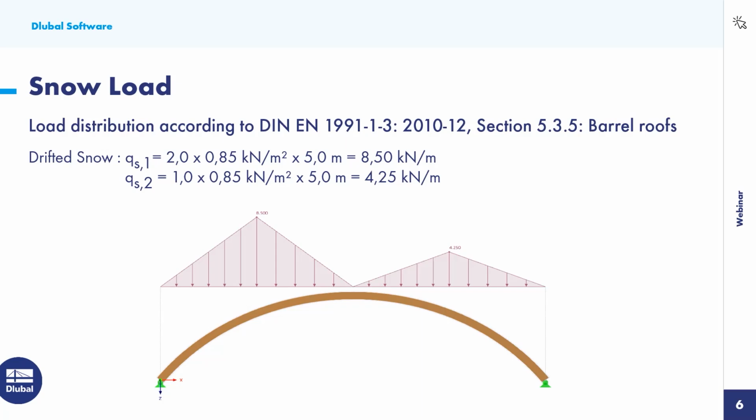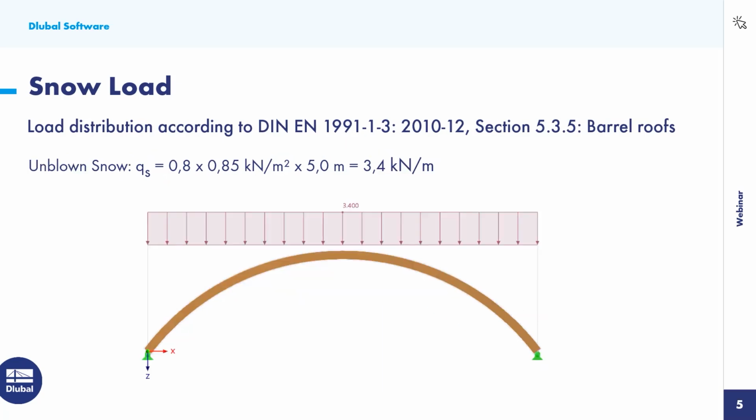I think you can understand what the values mean. I cannot show the standards here because of copyright, but we have the form coefficient, the characteristic snow load, and also the influence width, that for the unblown snow equals 3.4 kilonewtons per meter as a member set load.